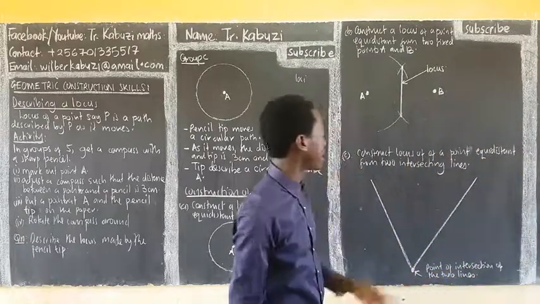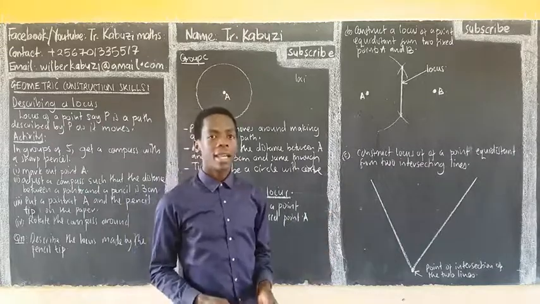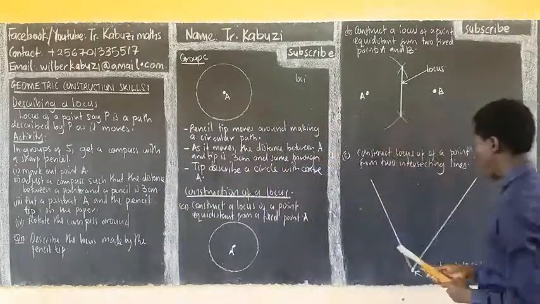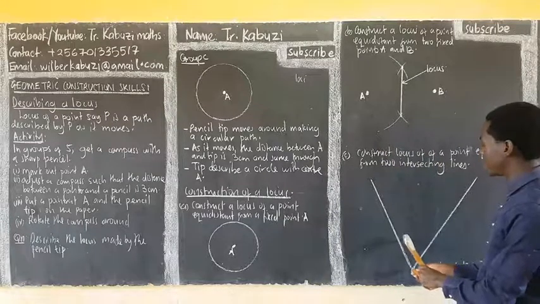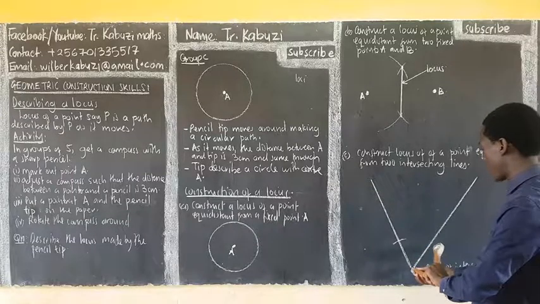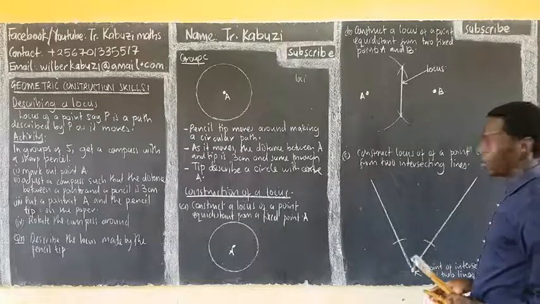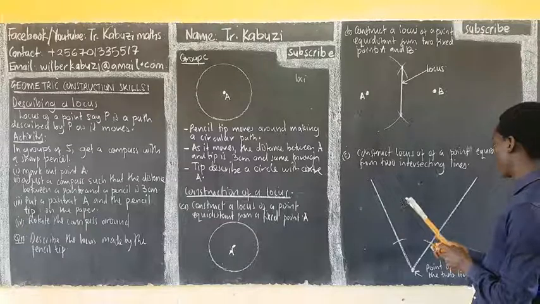If they tell you two intersecting lines and they want a locus equidistant to both lines, you just bisect these two lines. So from here, we put our pointer here. I think you remember the ideas of bisecting. You bisect the angle, then you put also here, like that. You can adjust or you can leave, no problem.